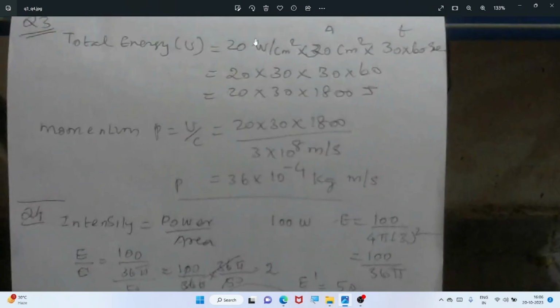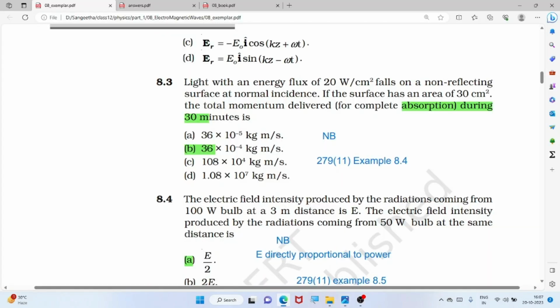The energy flux into area into time, this much is the total energy. Total energy equal to energy flux into the area into the total time. The momentum is total energy divided by the velocity of light. So after that you will get this answer.